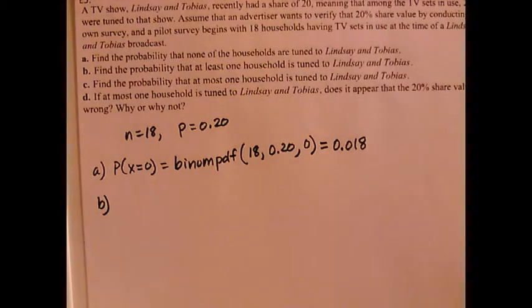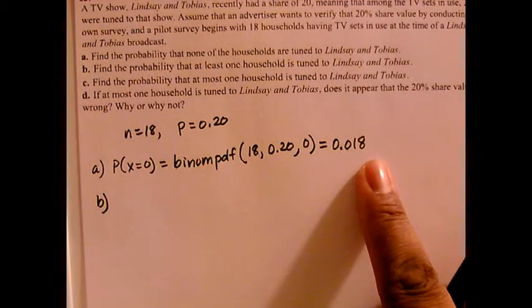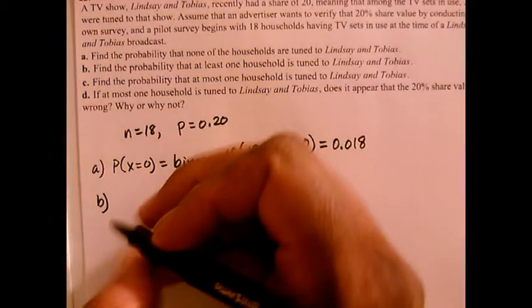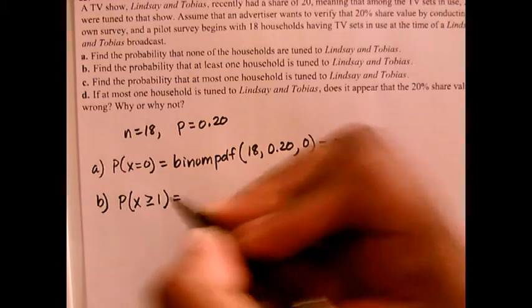Now part B is finding the probability that at least one household is tuned to Lindsay and Tobias. Okay, now think of this. At least one is going to be the complement of the probability of none. And we found that the probability that no one watched the show is 0.018. So at least one is the probability of X greater than or equal to 1.